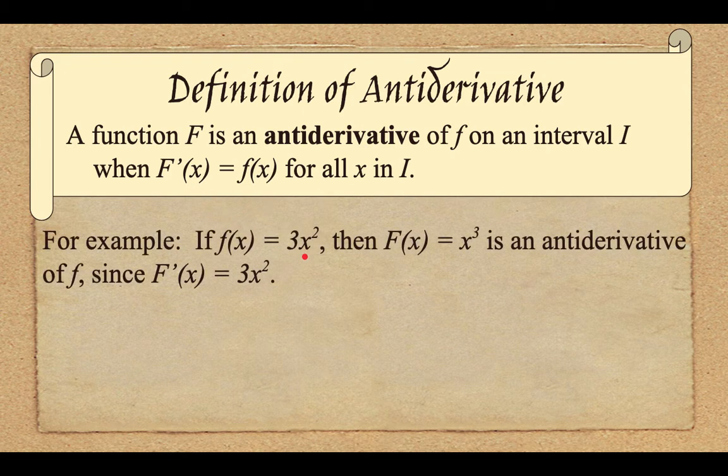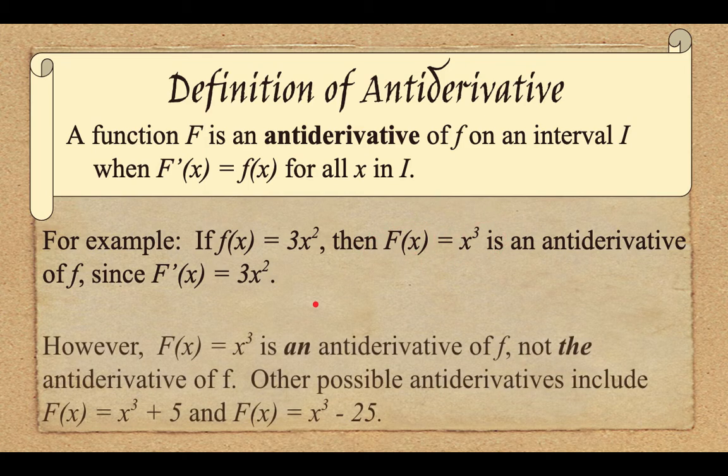So here's our example. If my function is 3x squared, then x to the third is an antiderivative, because if we take the derivative of x to the third, we're going to get 3x squared. So f of x is the derivative of the antiderivative. Now you notice here we said it is an antiderivative.